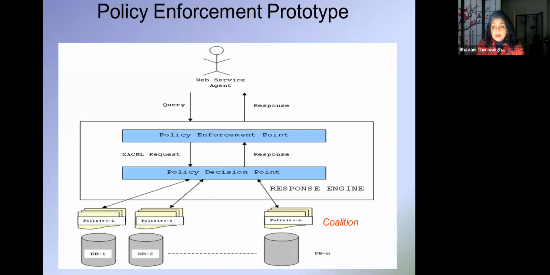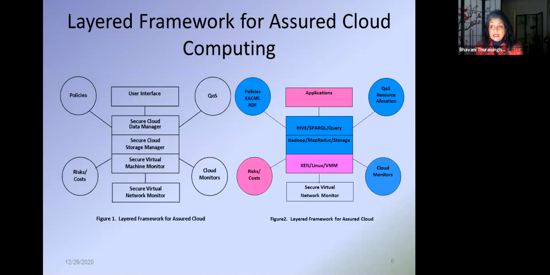Okay, so now I talk about our secure cloud computing. This research started around 2008, 2009. This was really very original because we were one of the early teams to develop and secure a cloud. If you look at the layered architecture, you have the virtual network monitor.